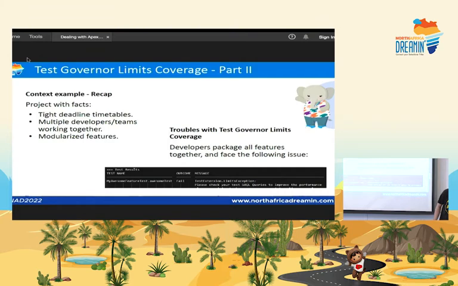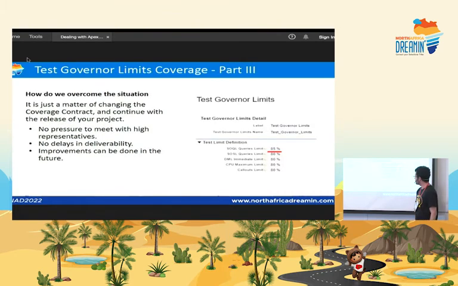So the idea is to go back to the custom metadata type and increase the limit a bit. For example, by default we have 80%. We can put 85%. We go again with the release, and then we will be able to proceed, unless you have added 20 or more queries to your release.